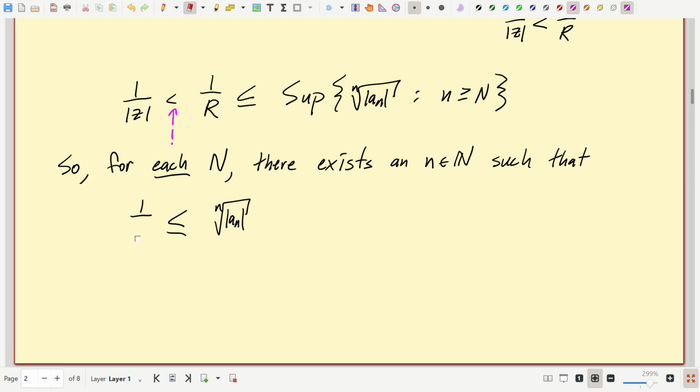Since 1 over mod z is strictly less than that sup, there's got to be something in that list that's definitely bigger than 1 over mod z, since it's the least upper bound.